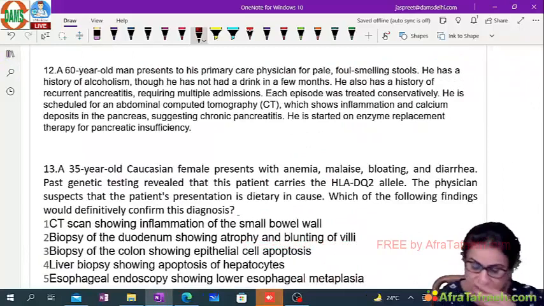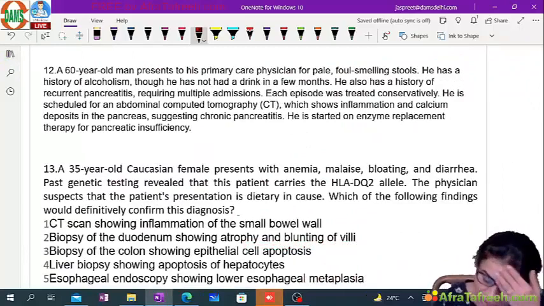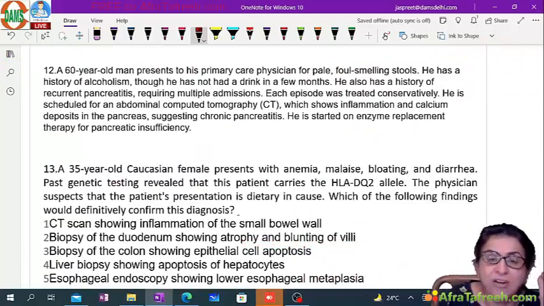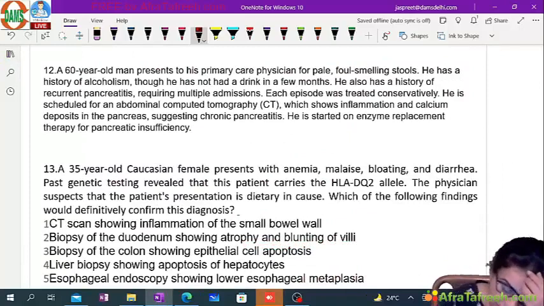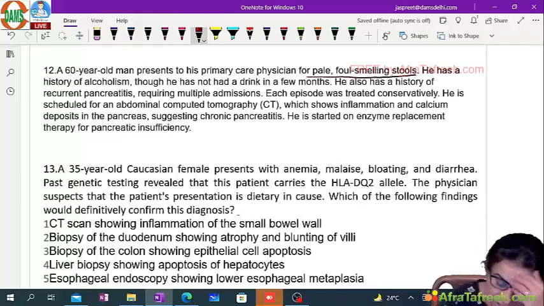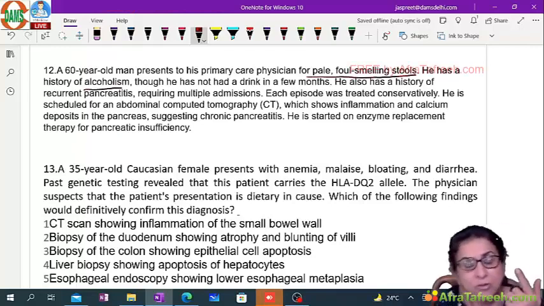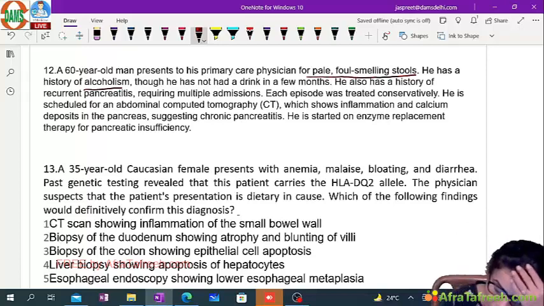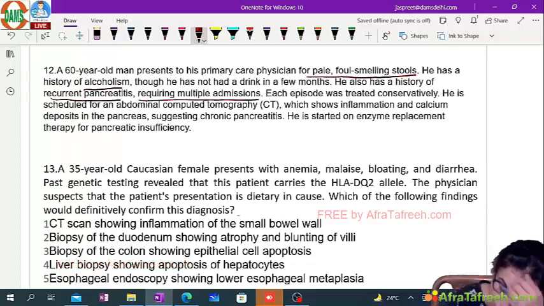Okay, now first look at what is labeled as 12. This is the characteristic history of pancreatic insufficiency. A 60-year-old man presents to his primary care physician with pale, foul-smelling stools. He has a history of alcoholism, a very important cause of chronic pancreatitis, though he has not had a drink for the past few months. He also has a history of recurrent pancreatitis requiring multiple admissions, each treated conservatively.